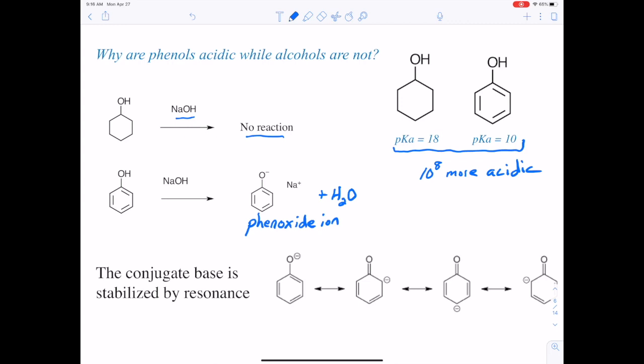So why is phenol more acidic? Well, if you form the phenoxide ion, you have the O-, but that can move through resonance to form other resonance structures.